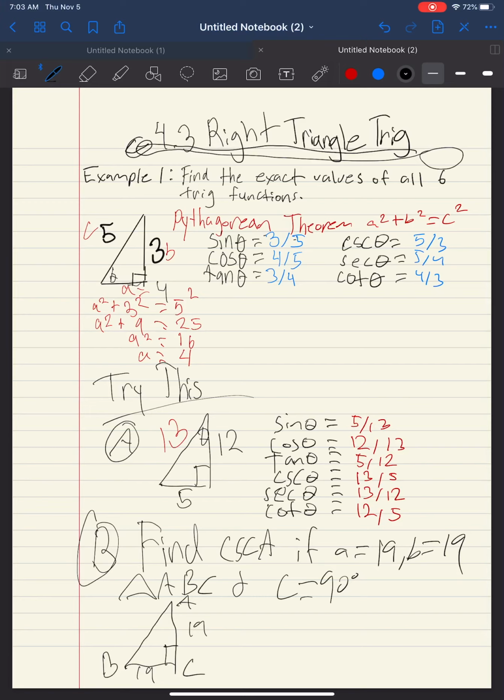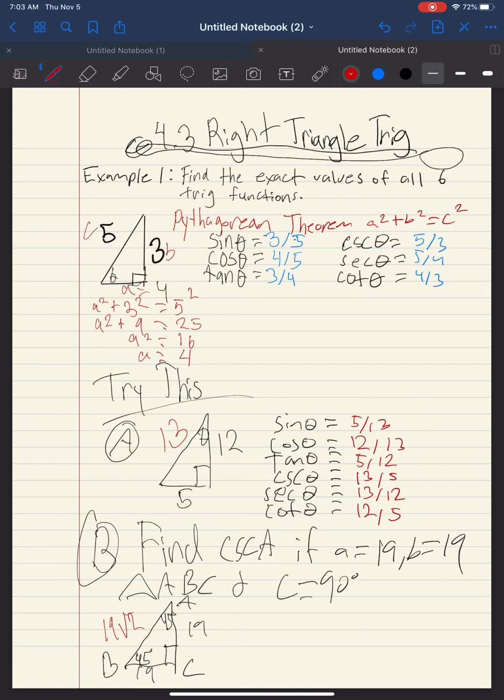Or if you notice, both sides are equal to each other, so we know that it's a 45, 45, 90 triangle. And in a 45, 45, 90, we know that it's x, x, and x square root of 2. So I know that this right here is 19 square root of 2.